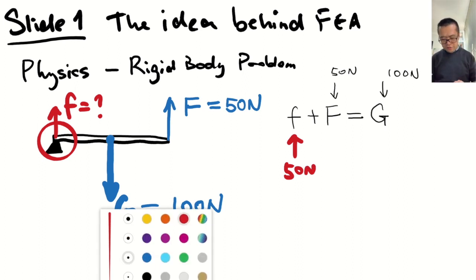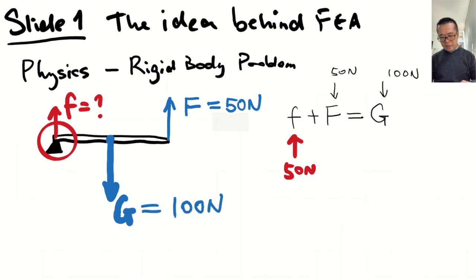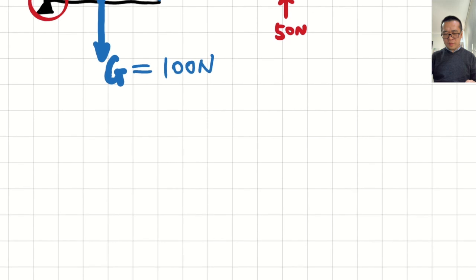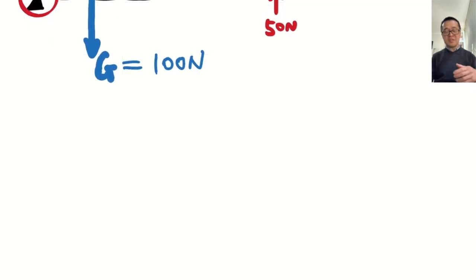Now this is all fine, but in a real engineering design, you can't simply think about this bar being rigid, right? Everything is going to deform either elastically or plastically. It would be good if it deforms elastically.